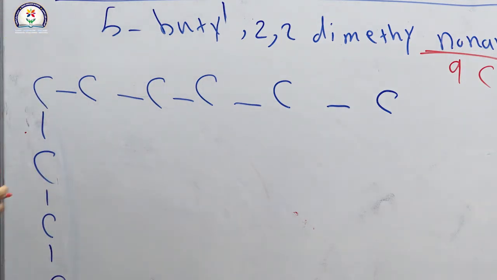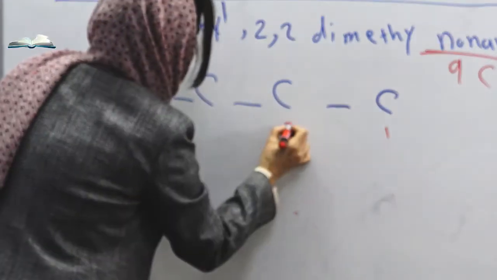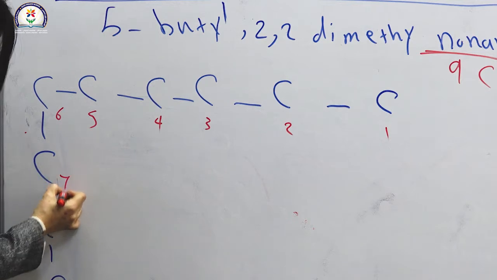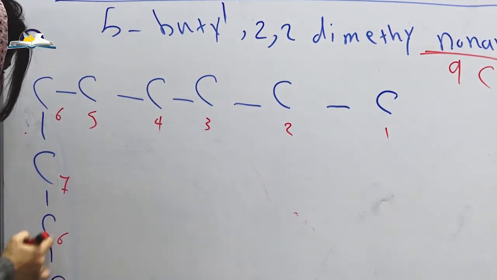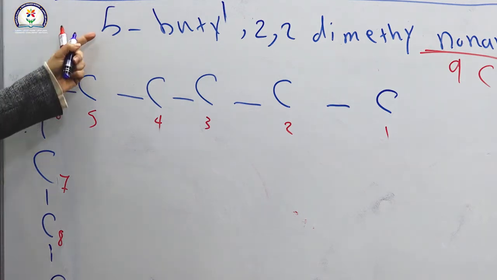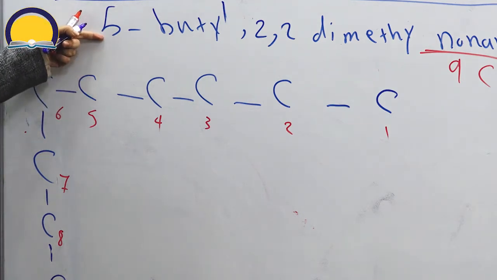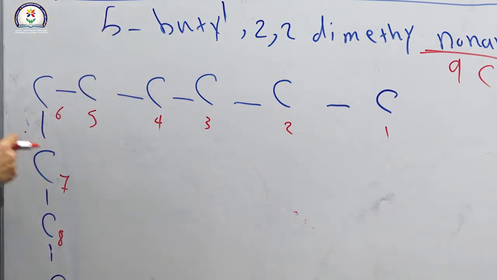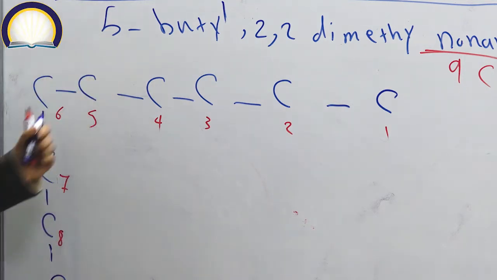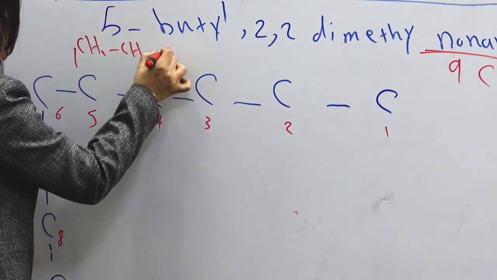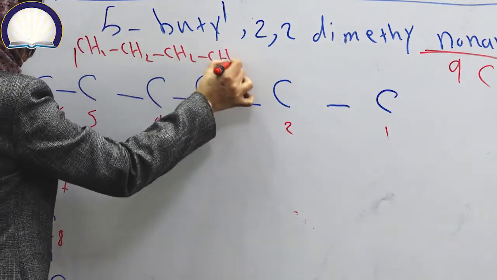Numbering the chain is up to you. 1, 2, 3, 4, 5, 6, 7, 8, 9. At the 5, what we have? We have butyl. Butyl comes from butane: CH2, CH3.